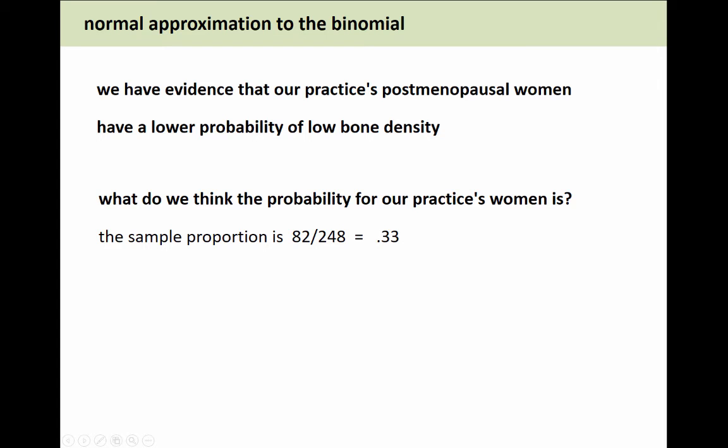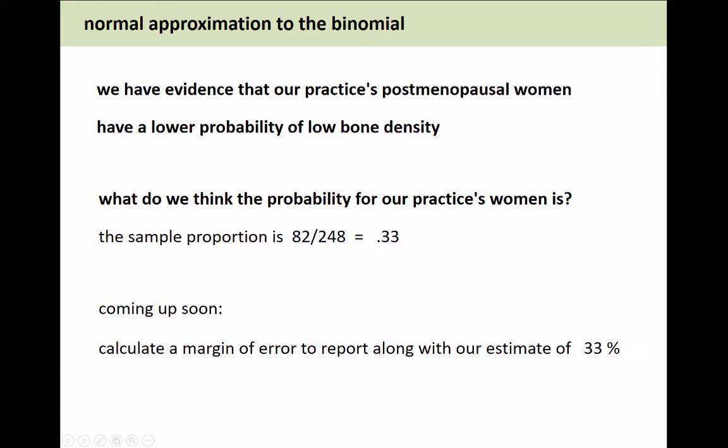Coming up soon, in week 5, we'll see how to calculate a margin of error to report along with this estimate of 33%. It's really important not to just say we have evidence that our practice's proportion is lower, but to do our best to quantify how much lower it is.